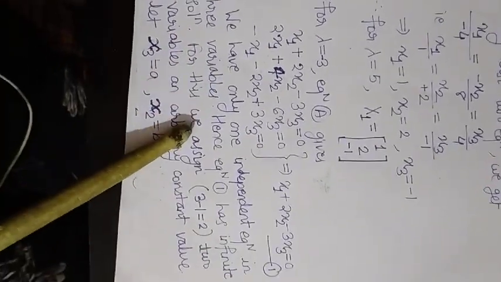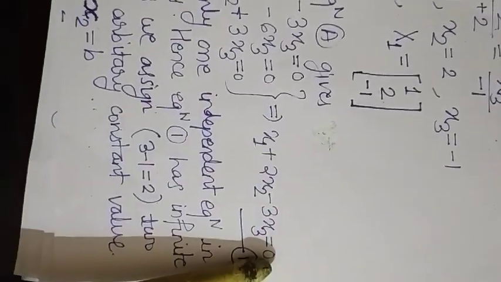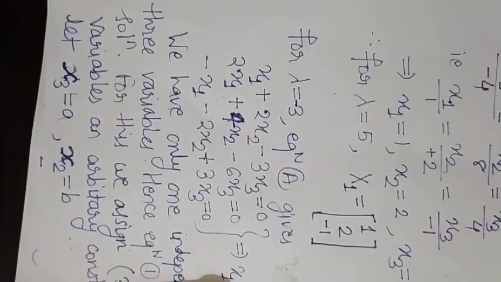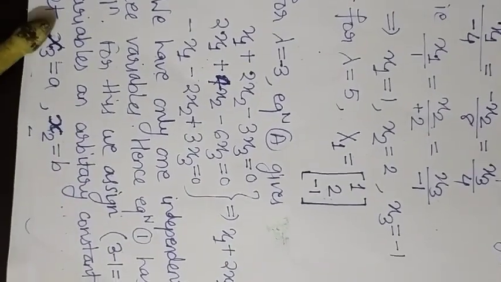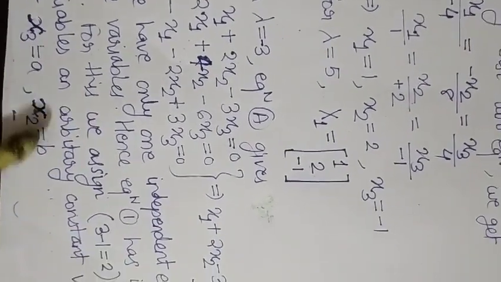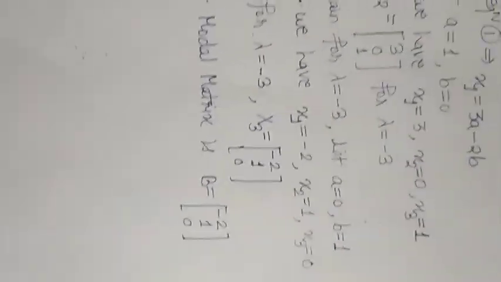For this we need to find out the extra number of variables. So for one equation only one variable is required. So two variables are extra. So two variables must be assigned an arbitrary constant value. So let x3 be equal to A and x2 be equal to B. Right.